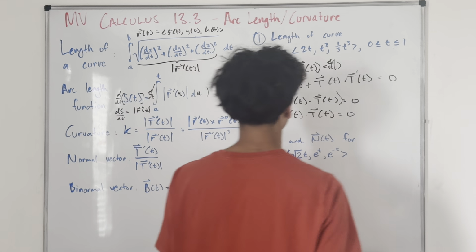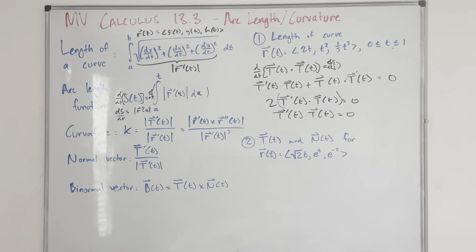What this tells us is that the derivative of the tangent vector will actually be perpendicular to the tangent vector itself, because they're dotted like so.